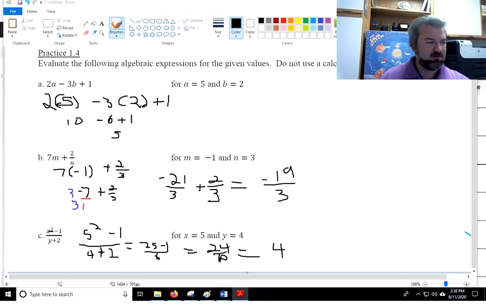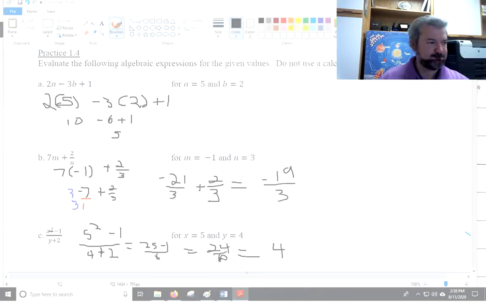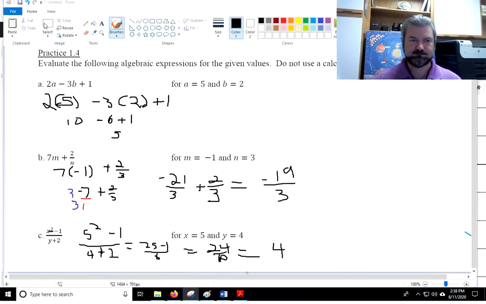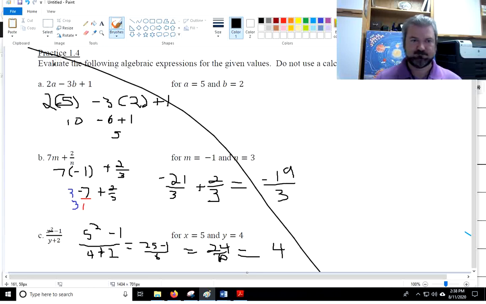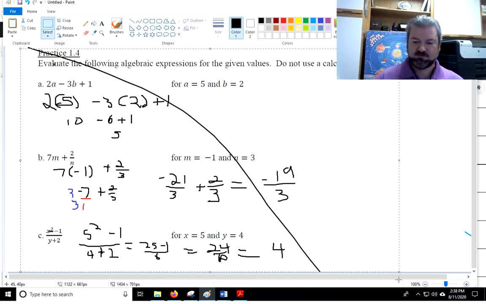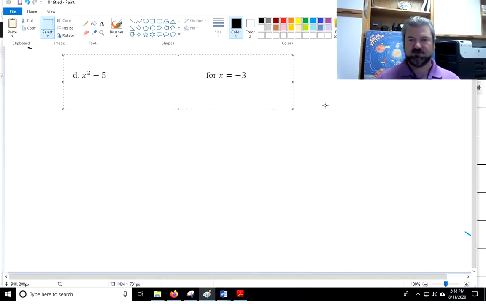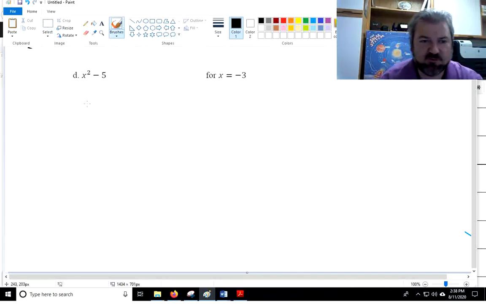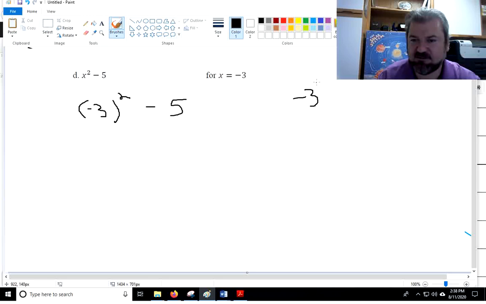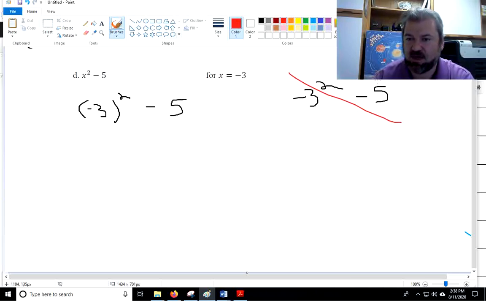All right, and then you had one more problem to do. Let's see. We're going to plug in a negative 3 for x. The negative 3 must go in parentheses. I want to make that very clear. Even if you get the problem right, if I see this on someone's work for this kind of problem, even if they correctly get the answer of 4, this is not okay.